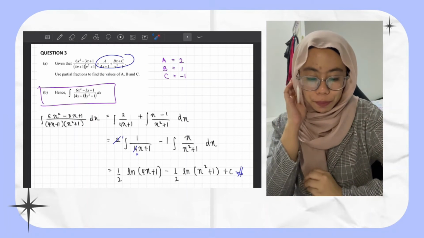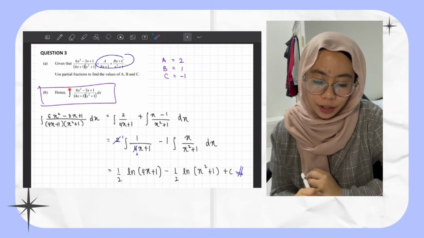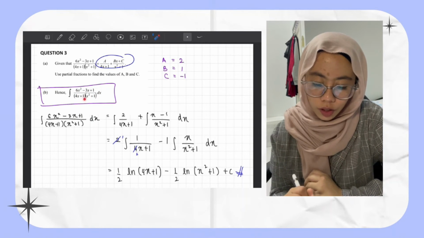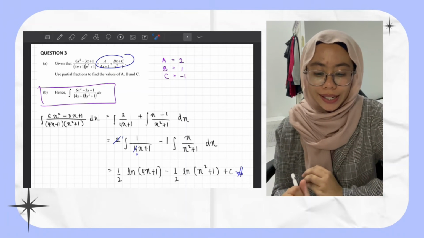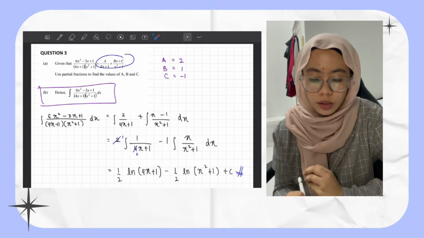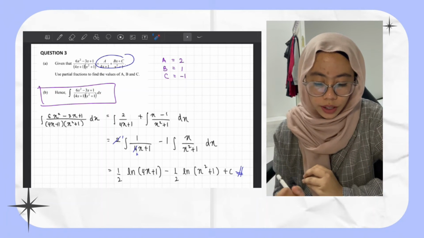Let's move to question B. Our question B is hence integration of 6x power 2 minus 3x plus 1 over 4x plus 1 times x power 2 plus 1 dx. This is actually the continuation question. So how to solve this?